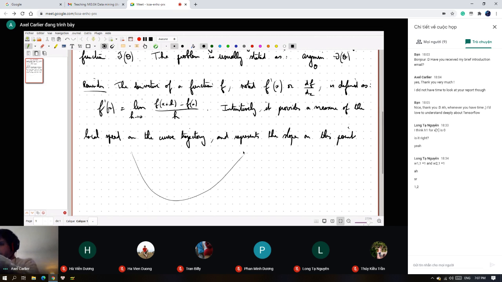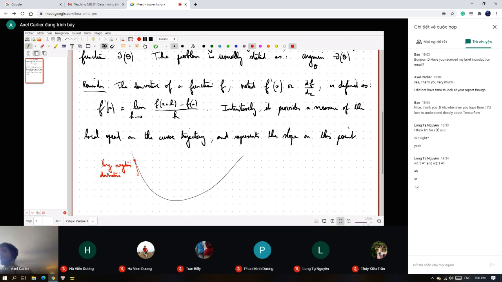Here what you will have is a large positive derivative. No, sorry, negative derivative.